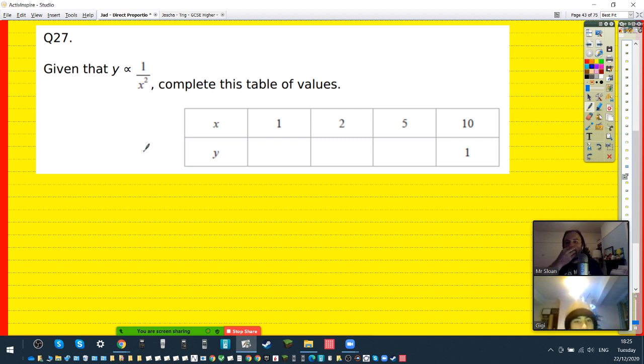When x. Like what is 1? No, the answer to the first block. So this one, y is proportional to 1 over x squared. That's the same as y equals k times 1 over x squared.